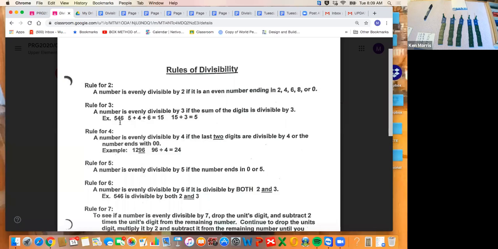So for instance, 546 is 5 plus 4 plus 6, which equals 15. Not sure why it says 15 plus 3. I'm sorry, guys, this is wrong. This should be 1 plus 5 equals 6. I'm not sure why it says this. Never noticed that before. I've been using this forever.